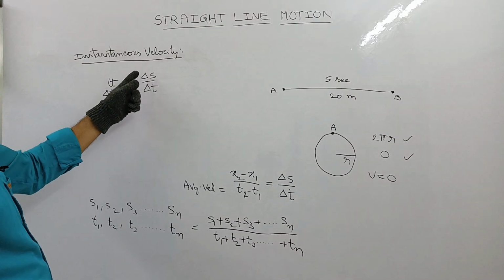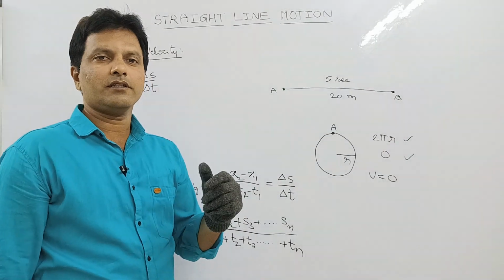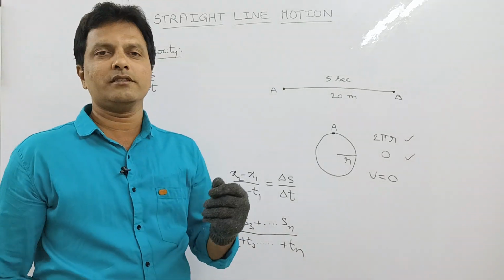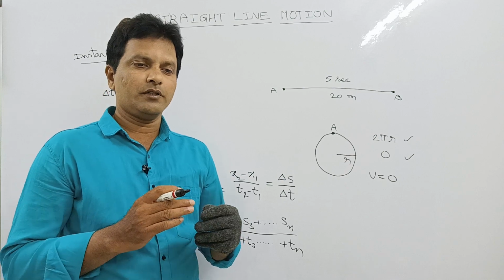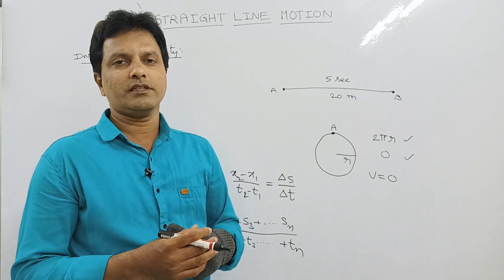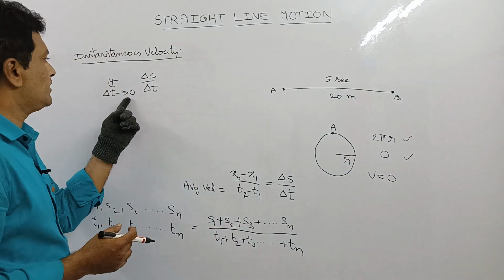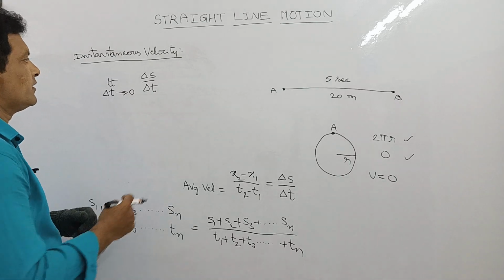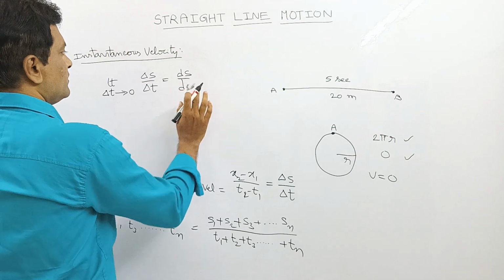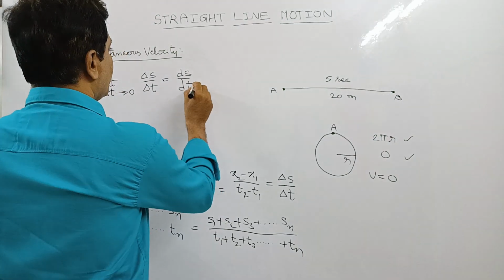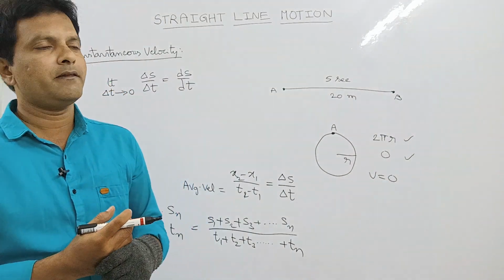So when there is a change in displacement with respect to change in time, however small the time interval may be, almost tending to 0, that means if instantaneous velocity is to be calculated, we can go up to infinitesimally small time. So delta t almost tends to 0 but not 0. Here this is equal to ds by dt, change in displacement by change in time. This is called instantaneous velocity.